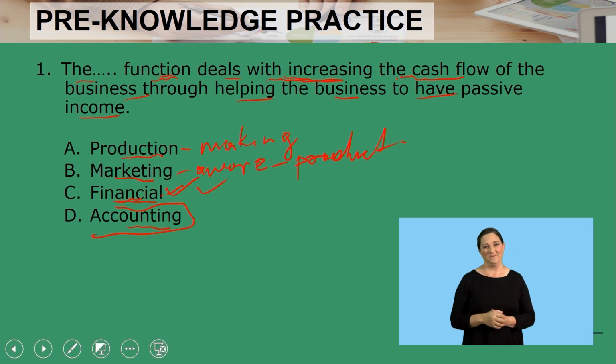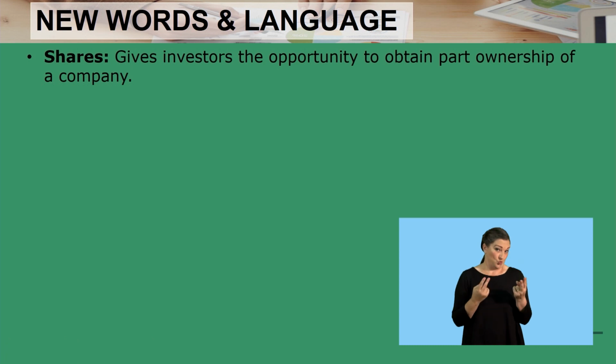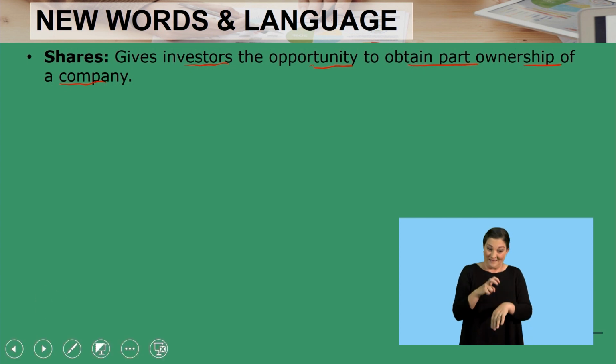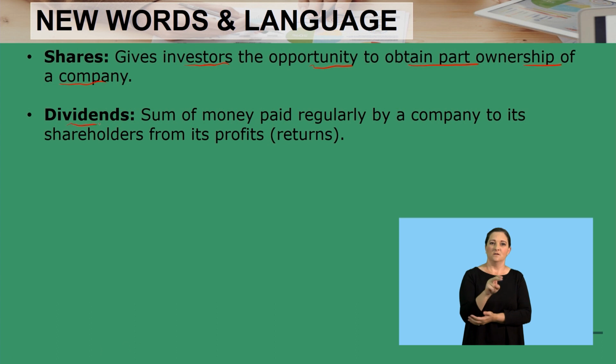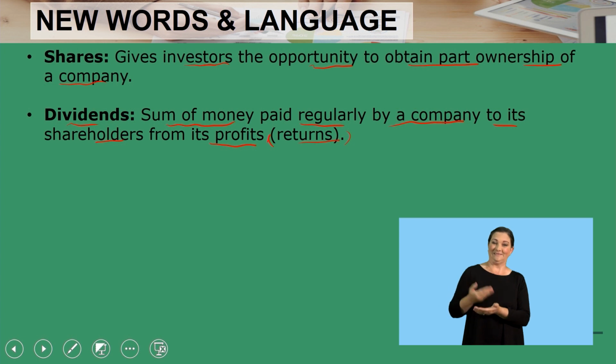Then, new words and language. The term shares. This gives investors an opportunity to obtain part ownership of a company. So for one to be an owner of a company, they need to buy shares. Dividends refers to a sum of money paid regularly by a company to its shareholders from its profit, which we consider to be the return when you invest in a company.